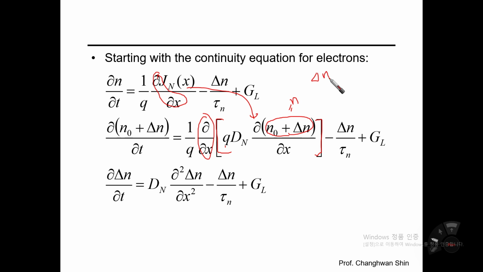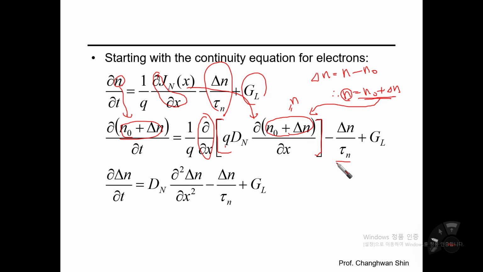But again, here that was n. We have defined the excess electron concentration as delta n equals n minus n naught. So n is equal to n naught plus delta n. Instead of n, I have used n naught plus delta n, and the second and third terms are still there.